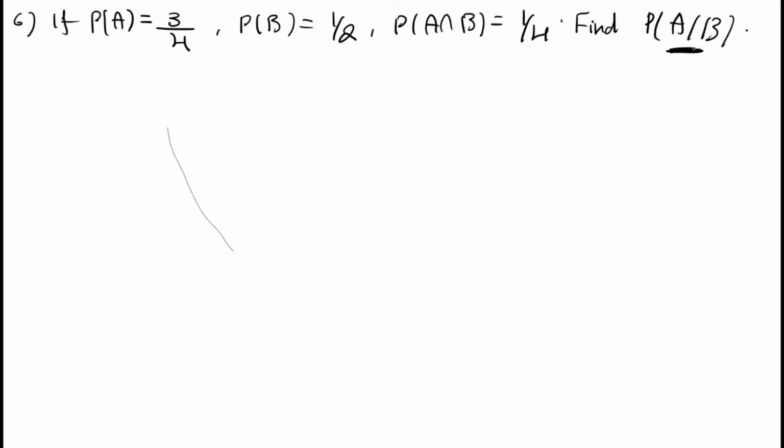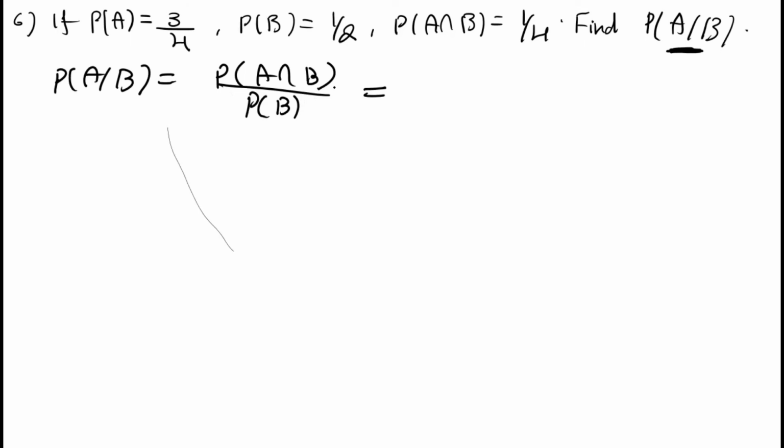Here the question is probability of A by B. So for probability of A by B, write the formula: probability of A intersection B divided by probability of B only. What is probability of A intersection B? 1 by 4 divided by probability of B, which is 1 by 2. Again simplify, 2 1s are 2, 2 2s are 4, so its value is equal to 1 by 2.